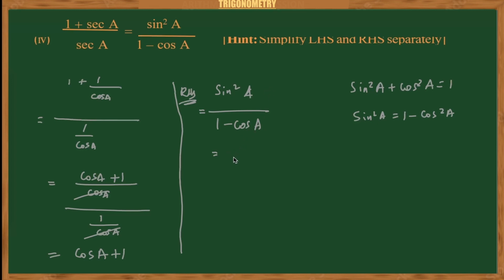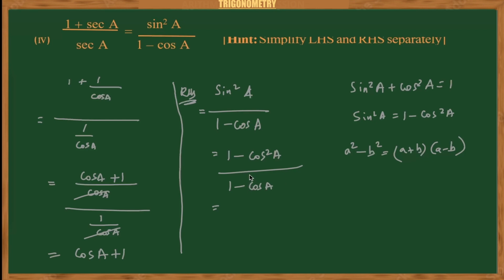So let's put it this way: 1 minus cos square A, so we are replacing sine square A with this, then divided by 1 minus cos A. Further, here we can see that there is a square, and if it happens to be a square, we can utilize the identity a square minus b square is equal to a plus b into a minus b.